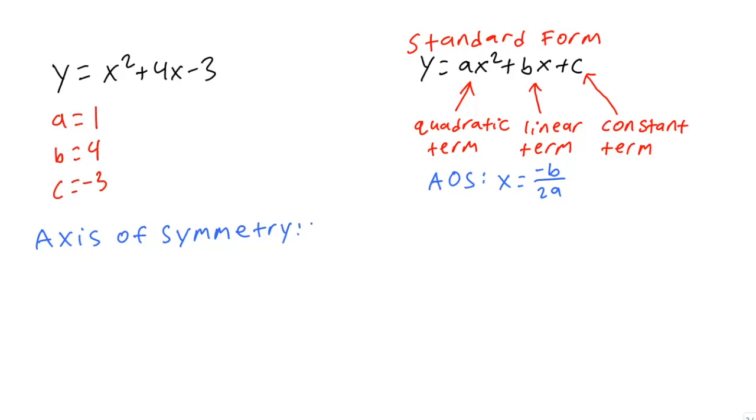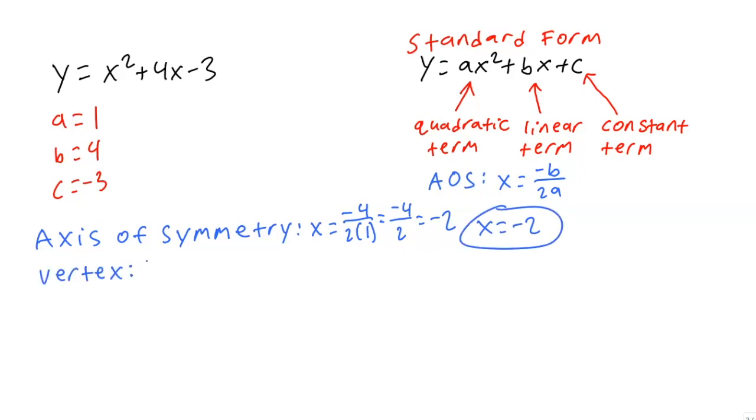So our formula is going to be x equals -4 over 2 times 1, which will be -4 over 2, which equals -2. So that gives us that the equation is x equals -2.